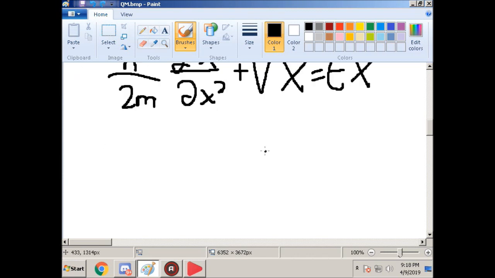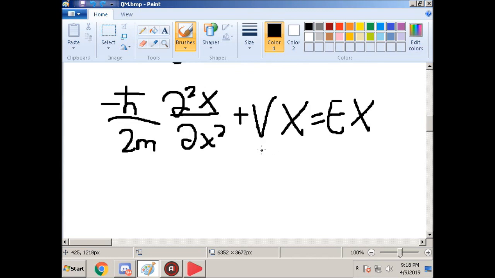When we do start doing word problems and actual physics, we can plug in the situation or the system into this V. So this V is kind of like where the unique solutions of the Schrodinger equation come from, because for each individual system we're gonna get a new solution basically.